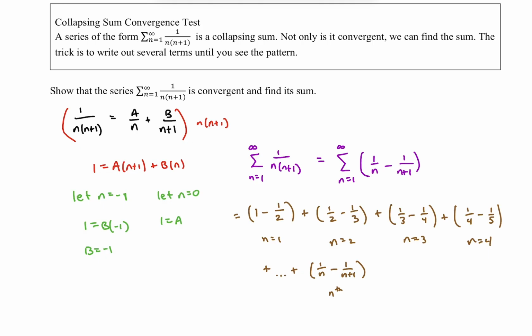And so what you can see then is that there is this collapse that forms. So for instance, the -1/2 collapses with the +1/2, -1/3 with the +1/3, -1/4 with the +1/4. The -1/5 would cancel with the next term that we didn't end up listing there, in addition to the 1 over n. So the 1 over n would collapse with the previous term there.